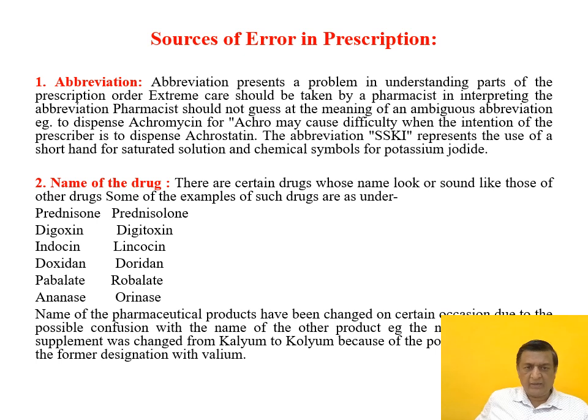So, the name of the drug. There are certain drugs whose names look or sound like those of others, and some of the examples are digoxin, digitoxin, prednisone, prednisolone, doxidan, doridan, peblate, robilate, ananase, orinase.